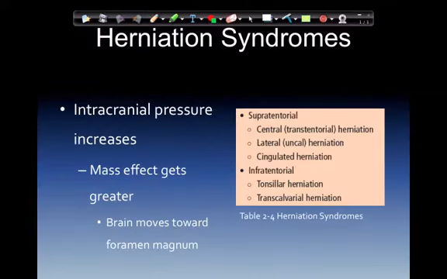Herniation syndromes. Kind of a mass effect. Whenever pressure builds up in one compartment, that compartment compresses the other compartments. Intracranial pressure increases, mass effect gets greater, and the brain moves towards the foramen magnum, which is a hole in the bottom.